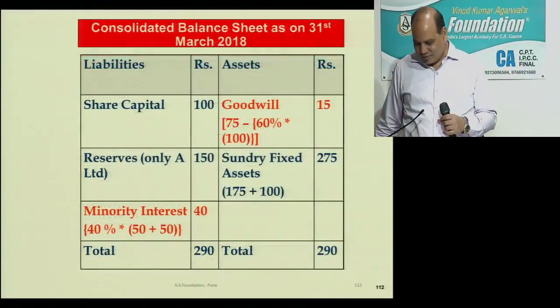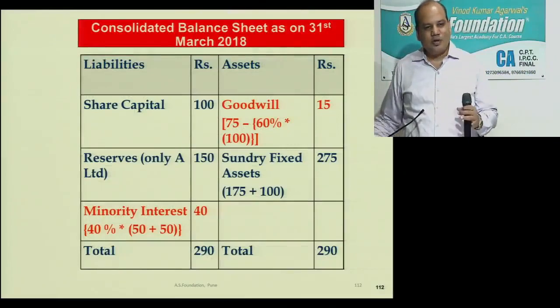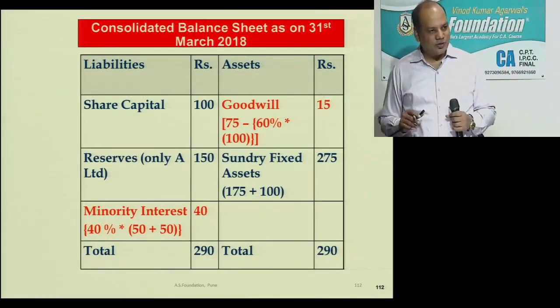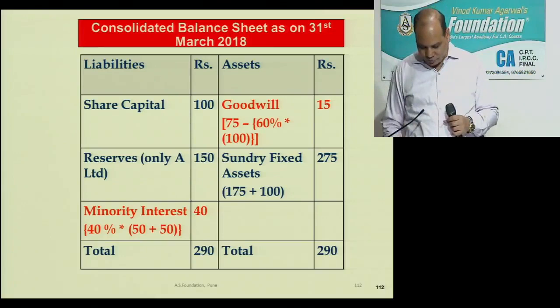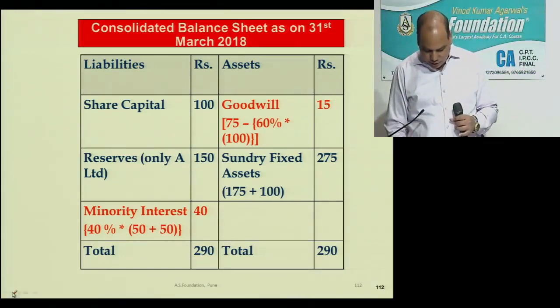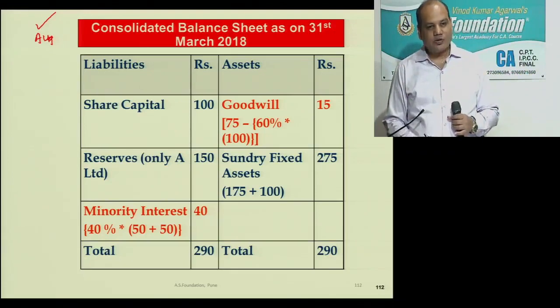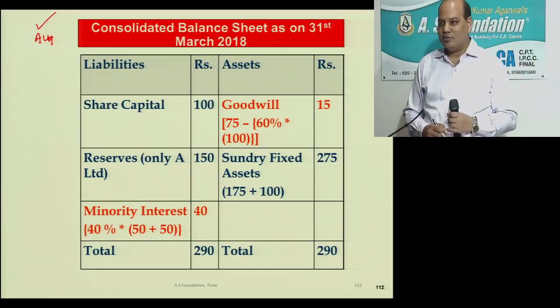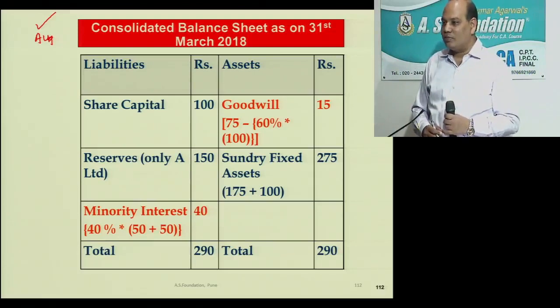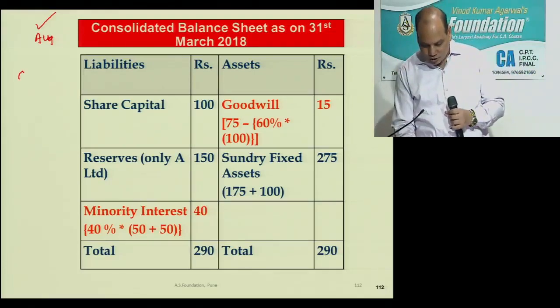Okay. Now I will tell you the logic of this entire consolidation thing that is happening. We are given one balance sheet of holding company. This is the balance sheet of holding company given to you, A Limited. And then what I did, I passed one consolidation entry. Which entry? So can you visualize what consolidation entry I have passed today?